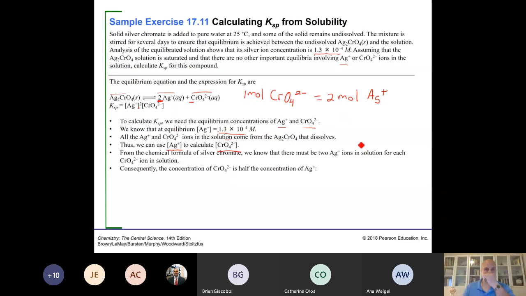In order to figure out our chromate concentration, we take our concentration of silver and multiply by our conversion factor of 1 mole of CrO4 2- divided by 2 moles of silver.